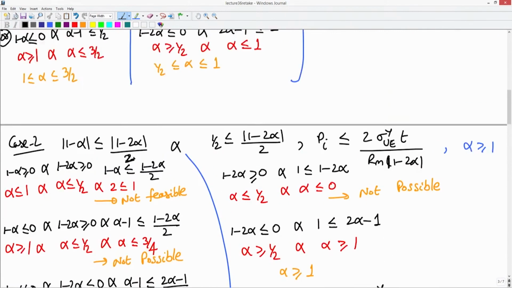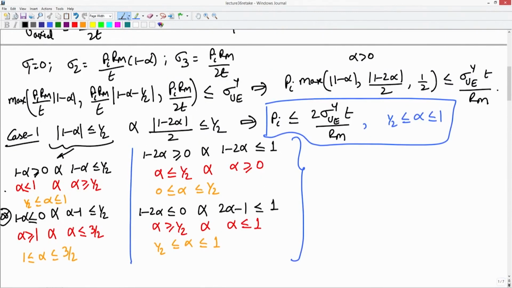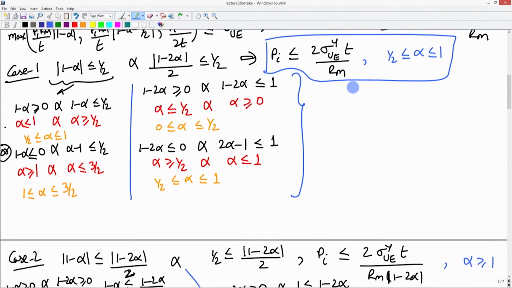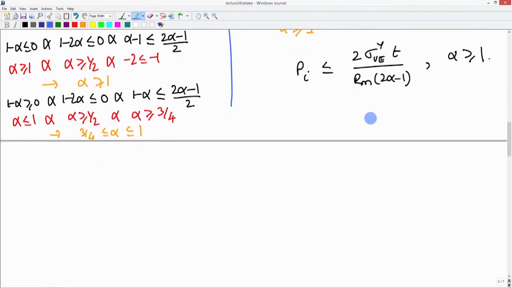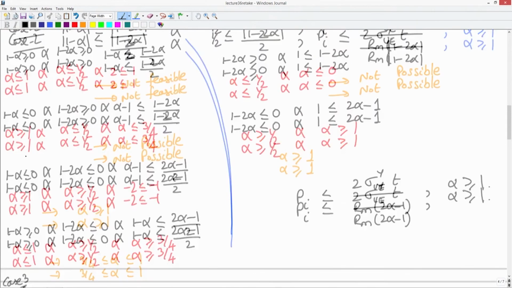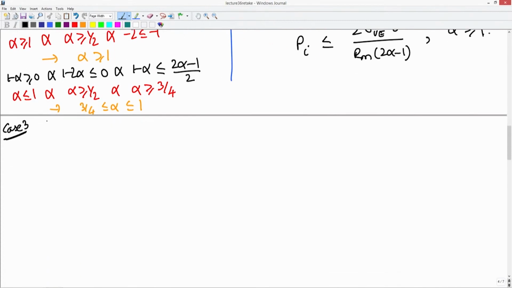Now, the next case that we have to consider is the following. We have assumed that this is greater in one case and this is greater in the other case. I have to assume that this is greater in the third case. Okay. So, if I assume that, what I will get is case 3, which will be similar to case 2, except that 1 minus 2 alpha by 2 must be lesser than or equal to the absolute value of 1 minus alpha, and I will have 1 half should be lesser than or equal to the absolute value of 1 minus alpha.